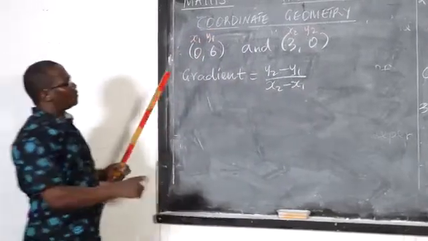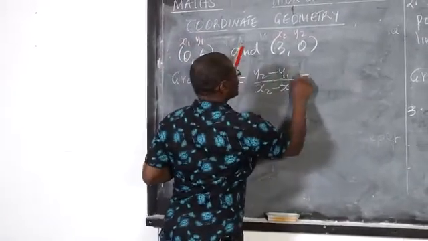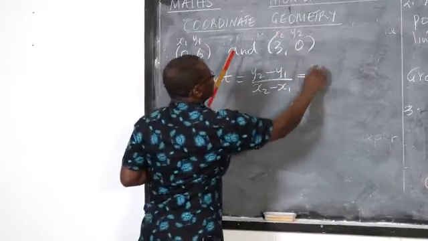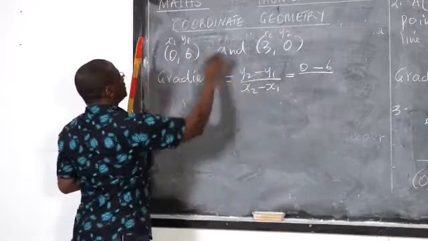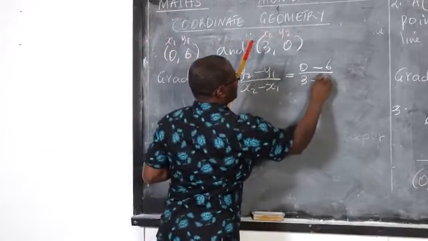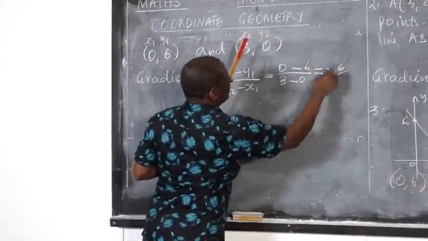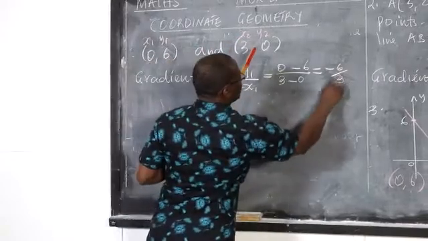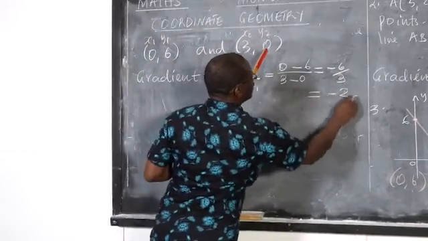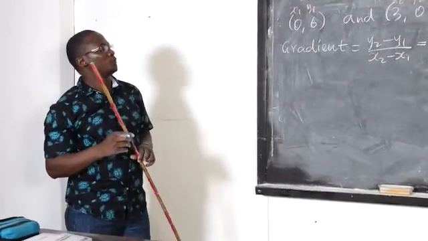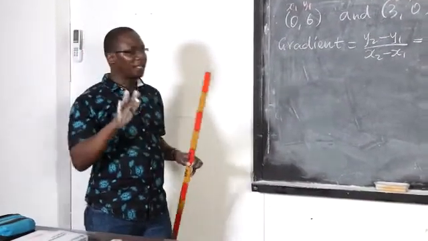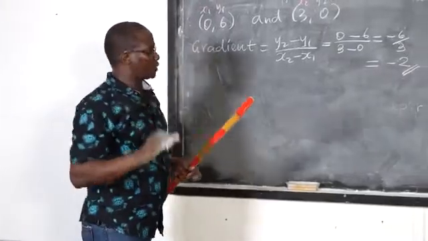So from here now, we can get our y subscript 2, which is 0 minus 6 over 3 minus 0. That will give us minus 6 over 3, and that gives us negative 2. So that is the solution to that question. I hope everything is clear. So just remember the steps.